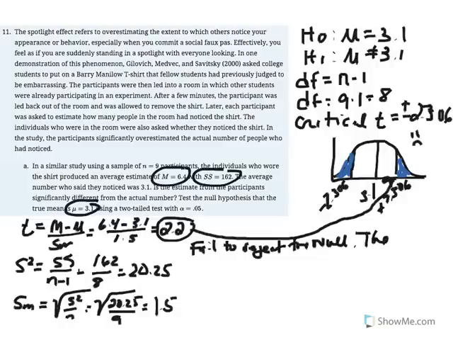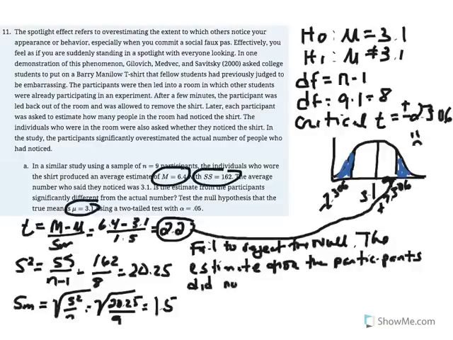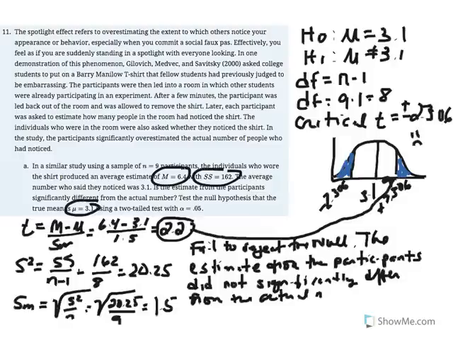The estimate from the participants did not significantly differ from the actual number or average.